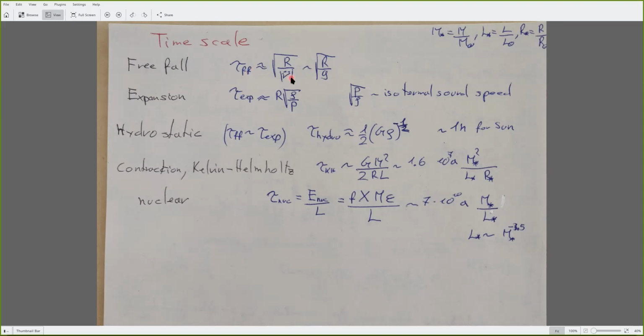From the equation for acceleration, the variation in space is 1/2 the acceleration times the time squared. So the order of magnitude of the free fall time is given by the radius and the acceleration of gravity. For expansion, it's the opposite.